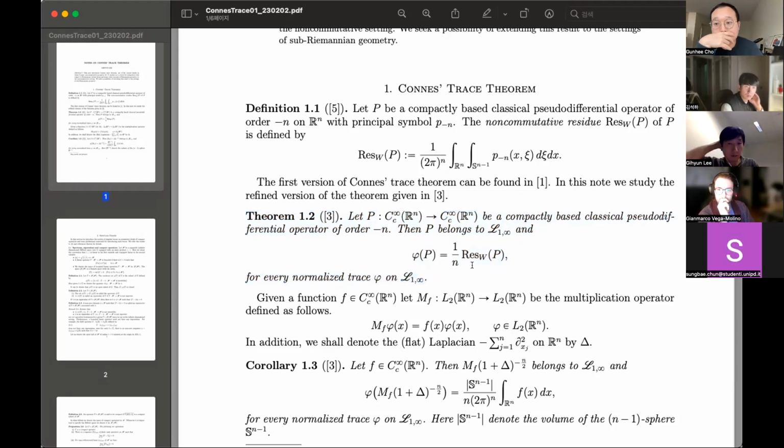Let me briefly tell you the meaning of this theorem. Here I will only work on R^n for the next several seminars.